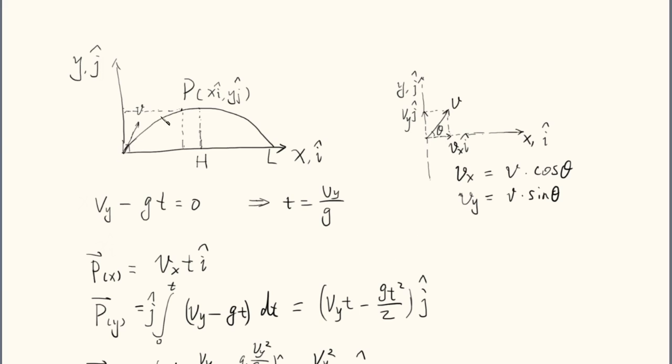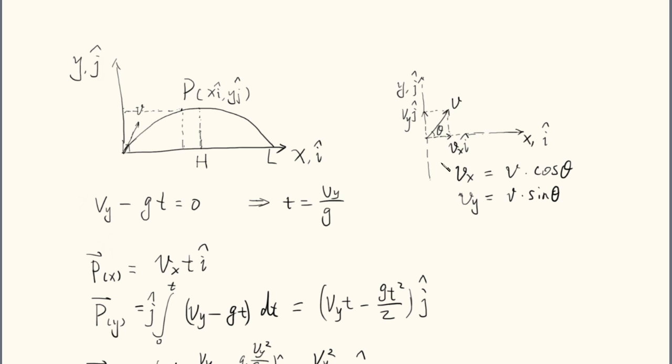This is the parabolic motion of an object with the starting velocity v. The angle between the direction of the moving of the projected object and the horizontal direction is theta.